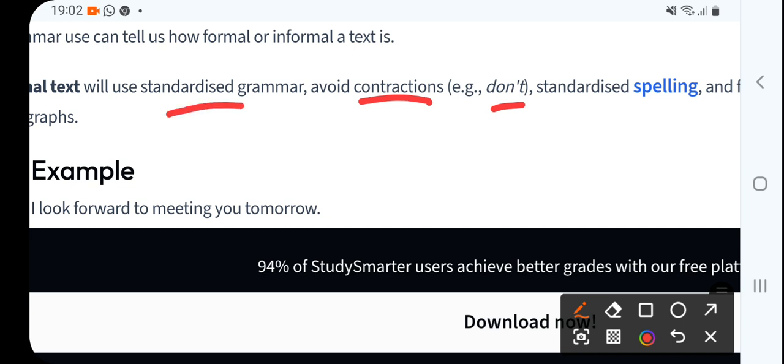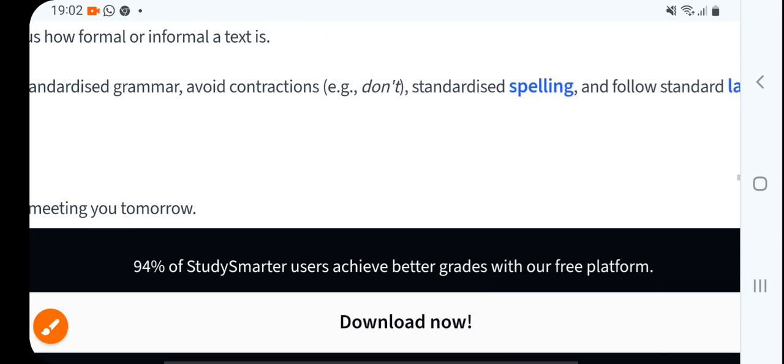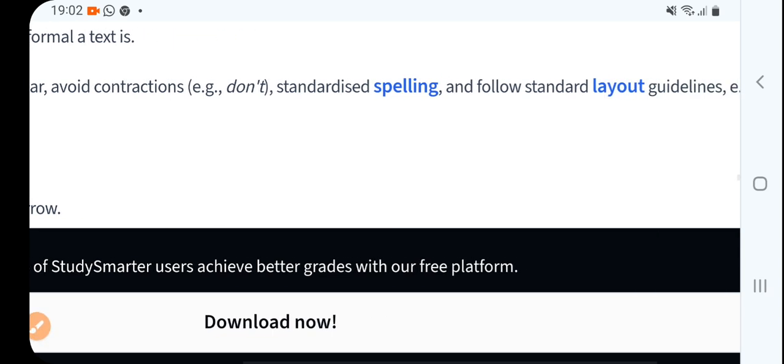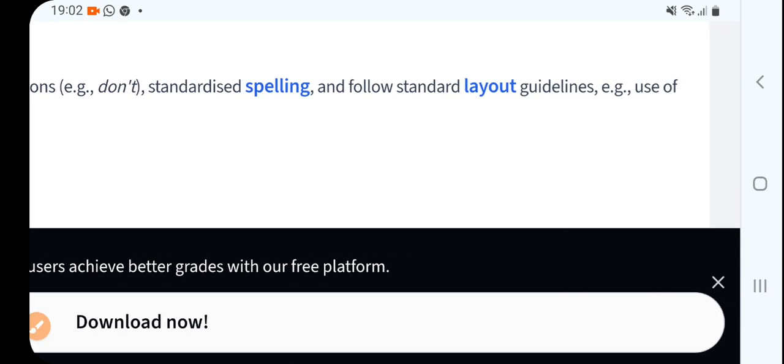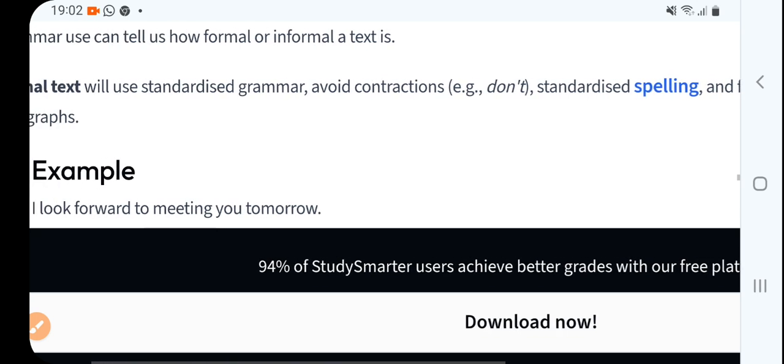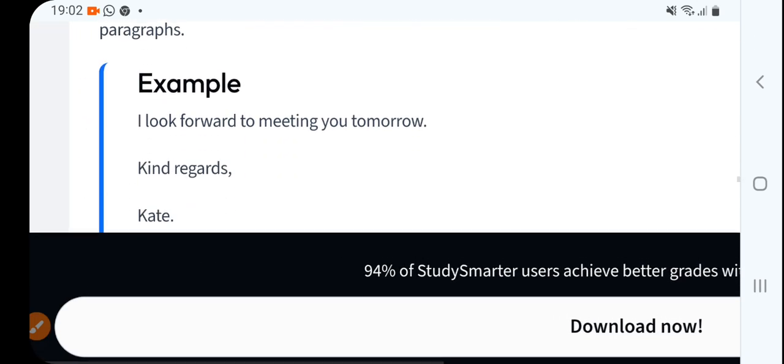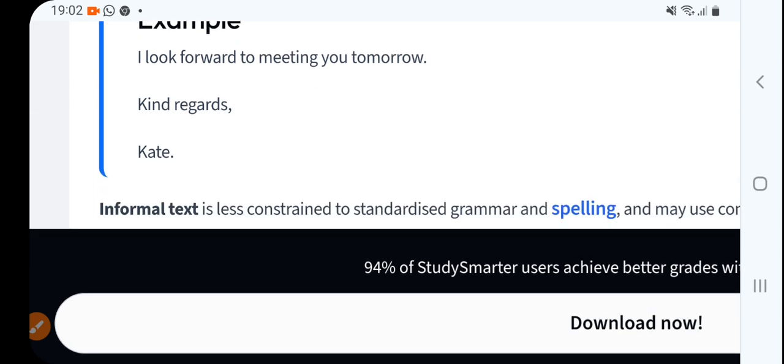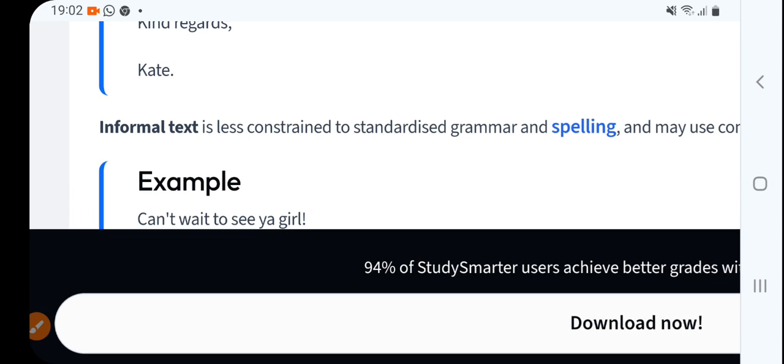That is standardized grammar. Then standardized spelling and standard layout guidelines, for example the use of paragraphs. "I look forward to meeting you tomorrow. Kind regards." So that is formal.